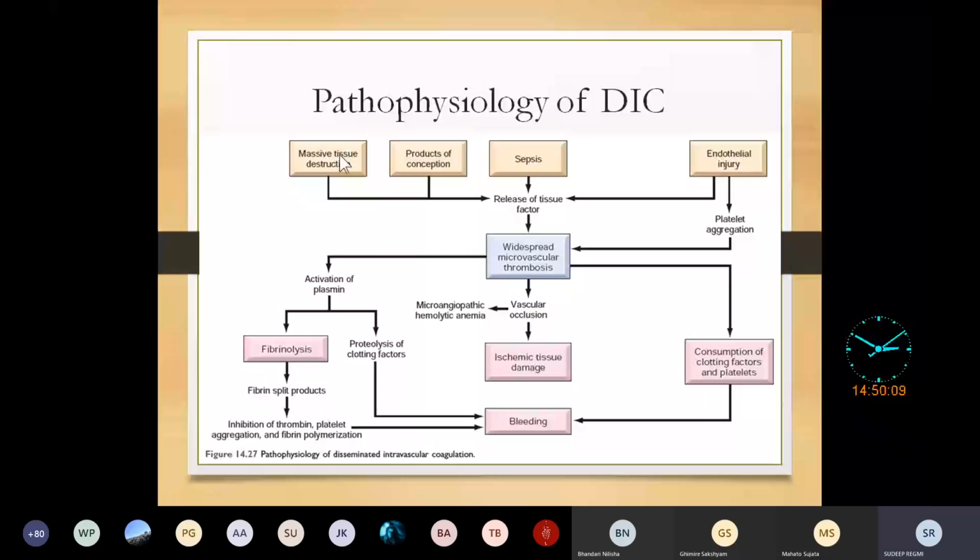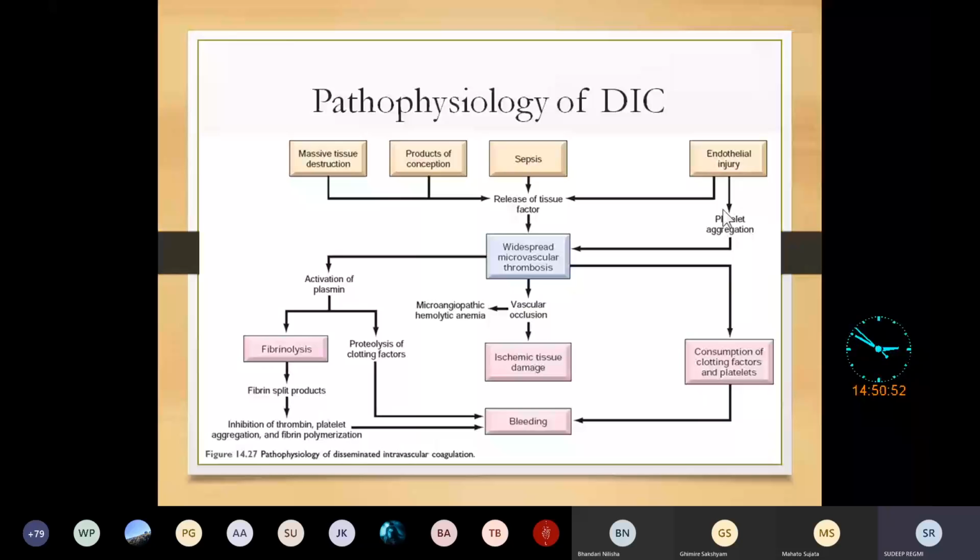Also in products of conception, if there is a dead intrauterine fetus, or in case of sepsis, there will be endothelial injury. If there is any other factor leading to endothelial injury, it will ultimately lead to release of the tissue factor. But endothelial injury alone also can lead to platelet aggregation and formation of the platelet plug.